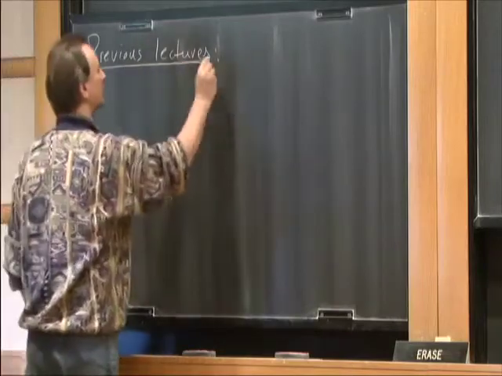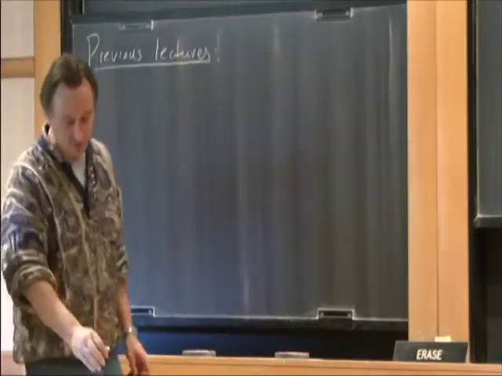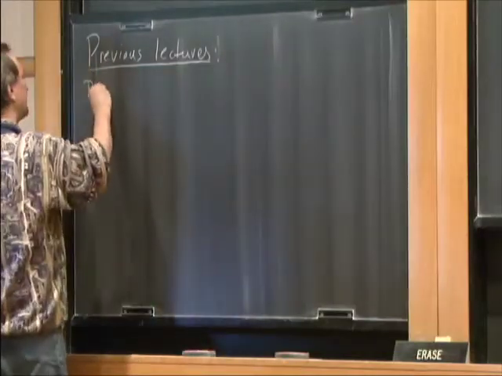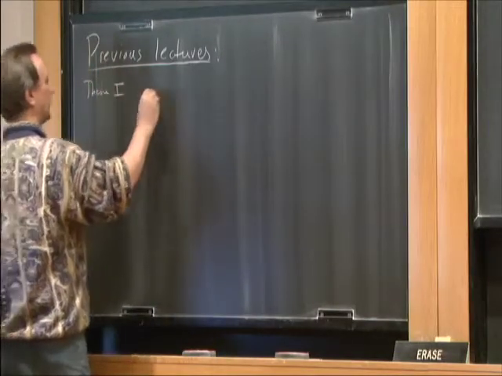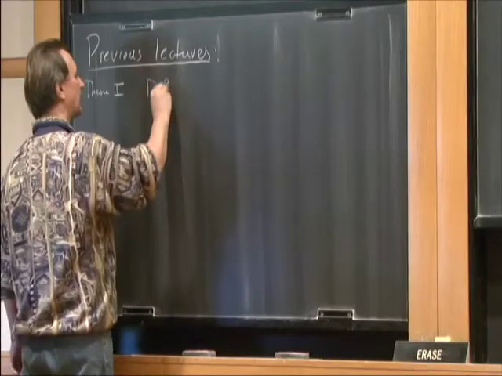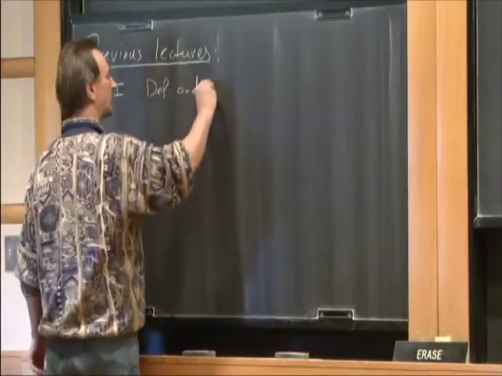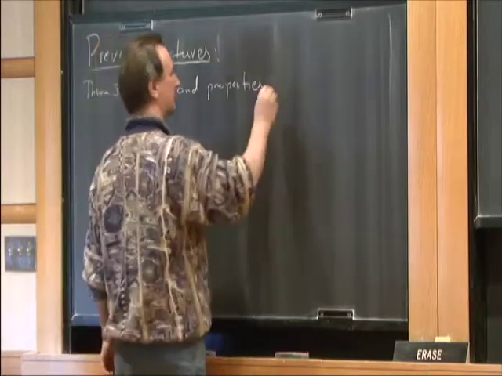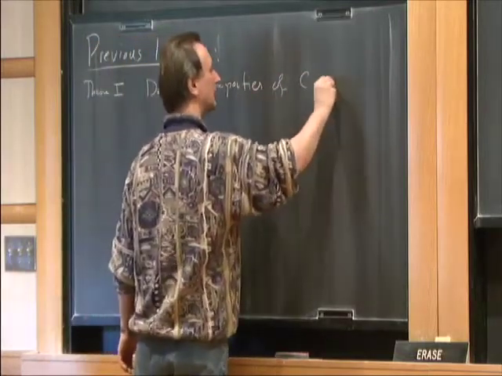I'll recall once again, in a very short way, what we have discussed previously. We had theme 1: definition and properties, well, very little properties, but nevertheless, of C systems.